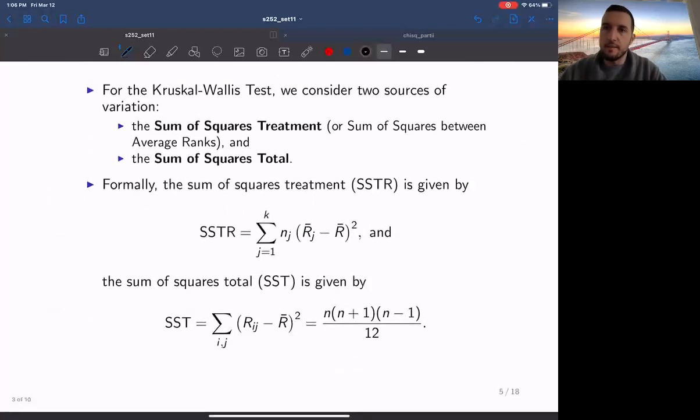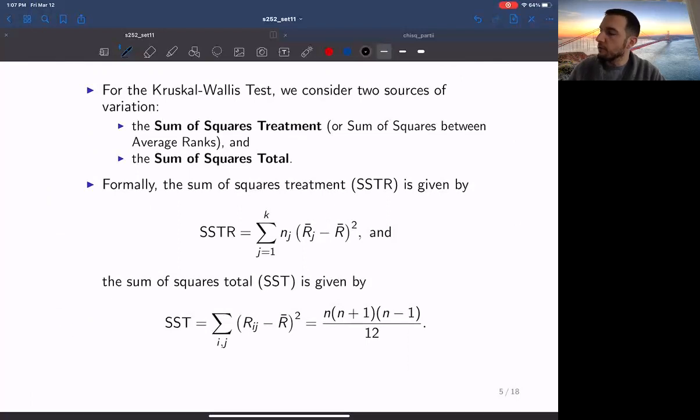So the test statistic for the Kruskal-Wallis test is actually derived from a comparison of different sum of square values about the average ranks. So let's consider two different sums of squares, the sum of squares treatment and the sum of squares total.